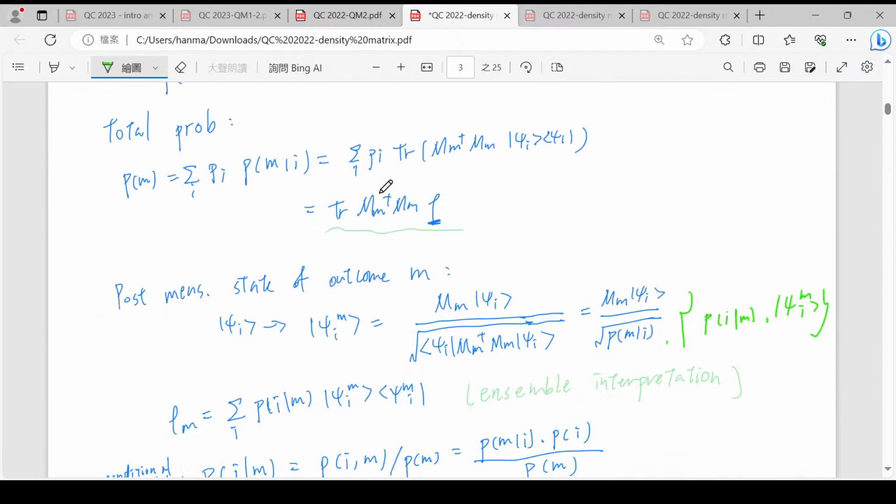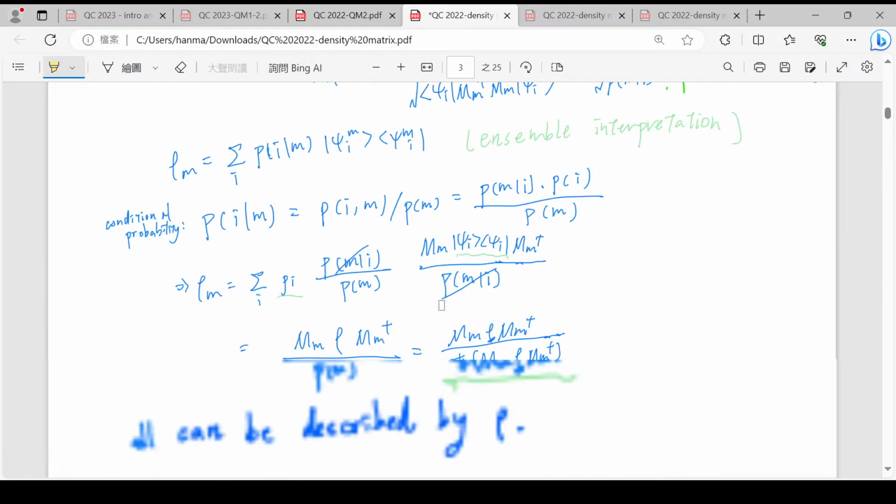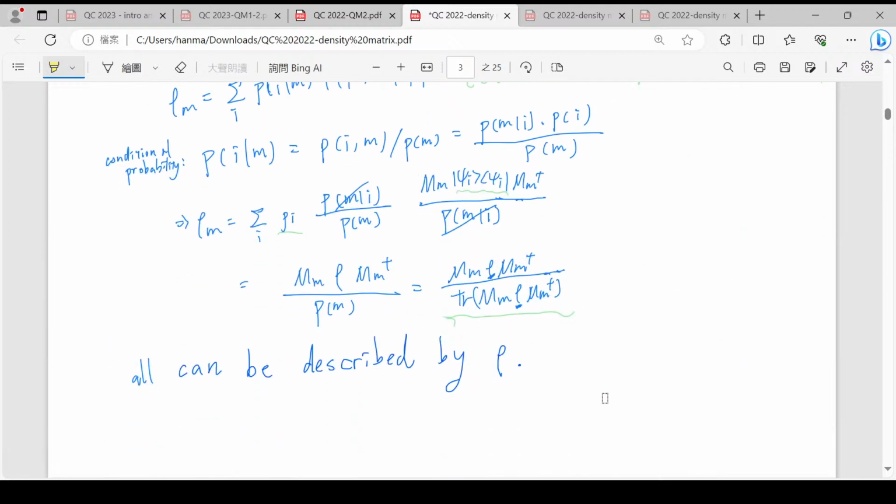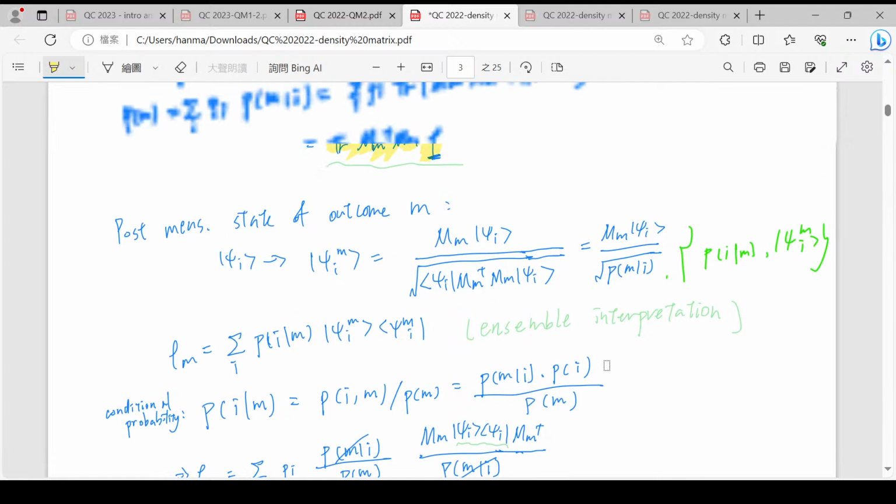So this is a trace. So the probability of getting outcome m is the trace of M dagger M rho, and the post-measurement state is M rho M dagger, traced over and normalized by this.